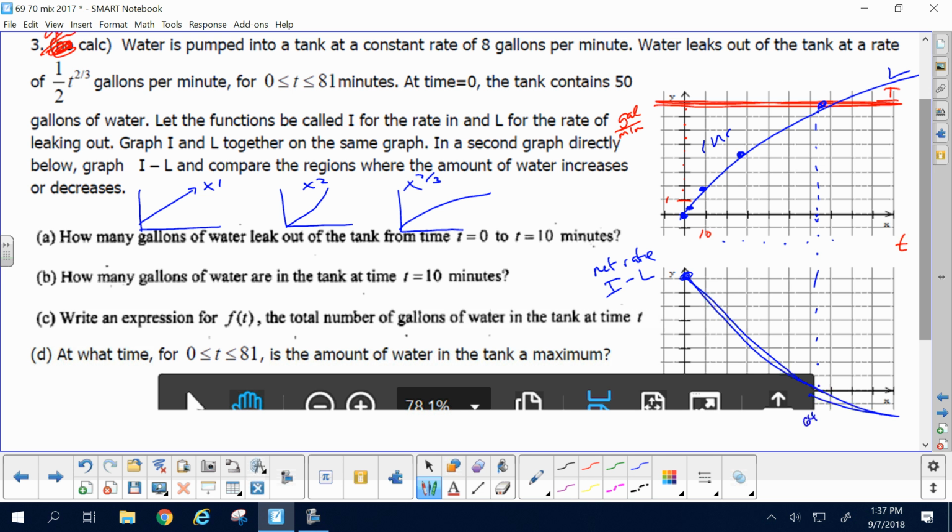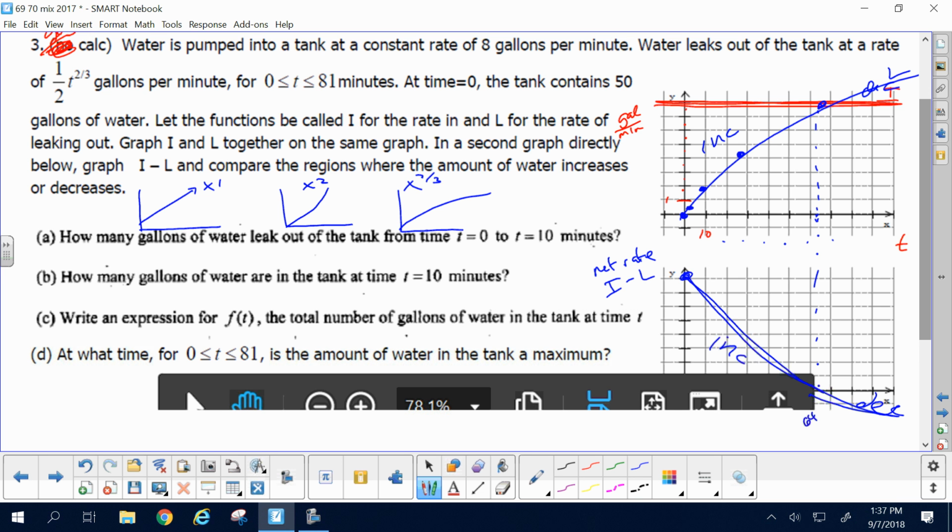Okay, so it's increasing here, and then after, when out is greater, it is decreasing, yeah? How about here? If the net rate is positive, then the amount of water is increasing. If the net rate is negative, the amount of water is decreasing.